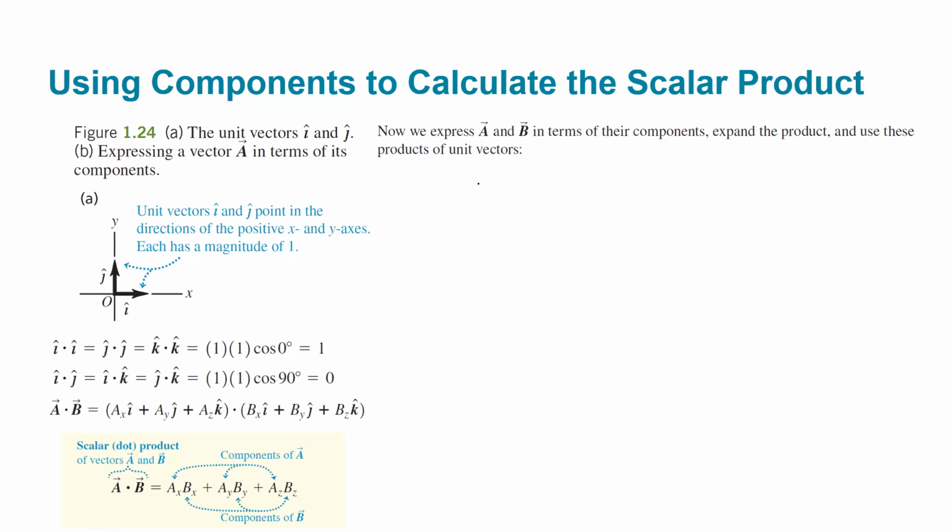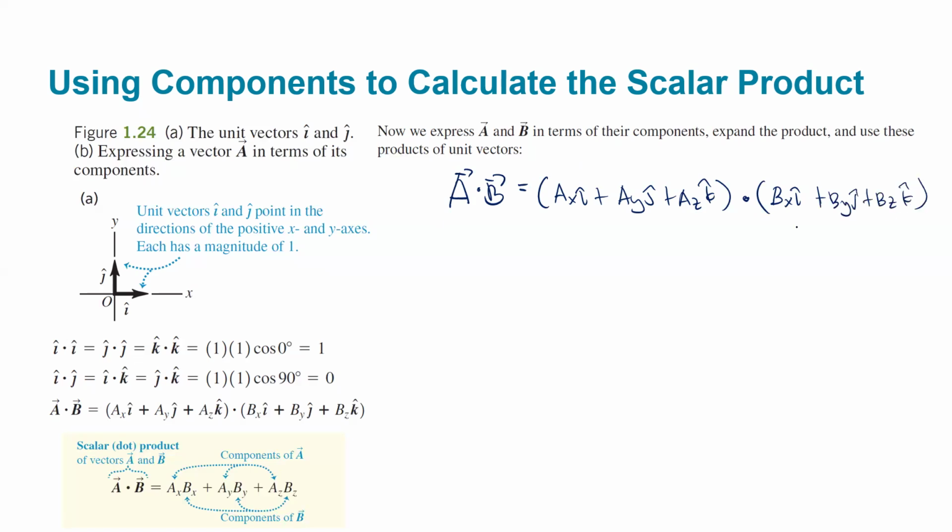Let's put first A dot B is equal to A in component form, A_x i hat plus A_y j hat plus A_z k hat, times B_x i hat plus B_y j hat plus B_z k hat.